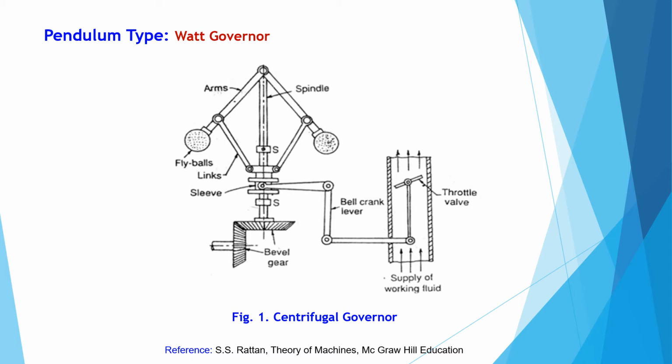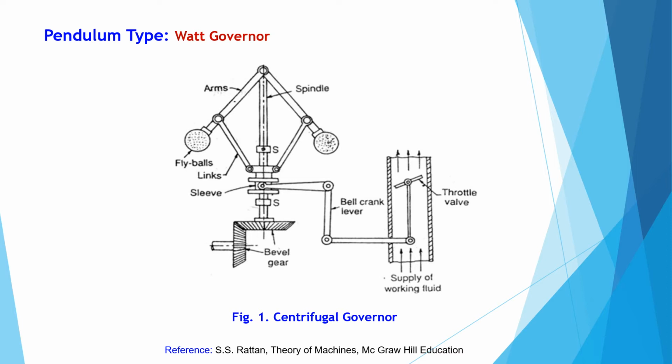Between the two stoppers, the sleeve is mounted, and the sleeve is connected to the links on the arms, and the arms are connected to the axis of the spindle, and the other ends of the arms are connected to the flyballs. On the sleeve, a bell crank lever is attached on one side and the other side is attached to the throttle valve.